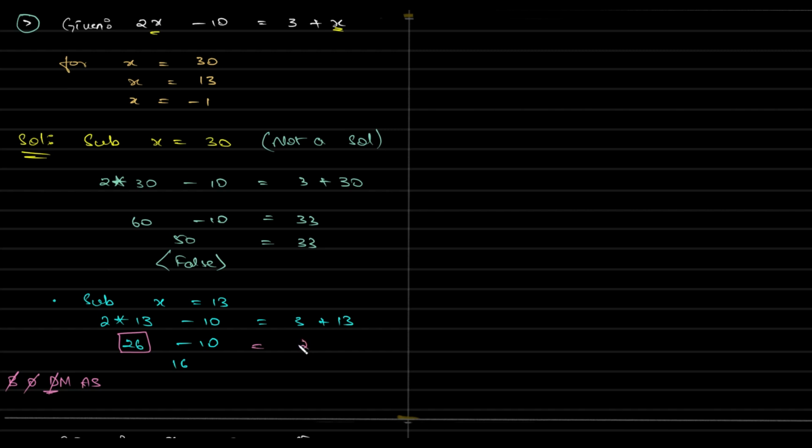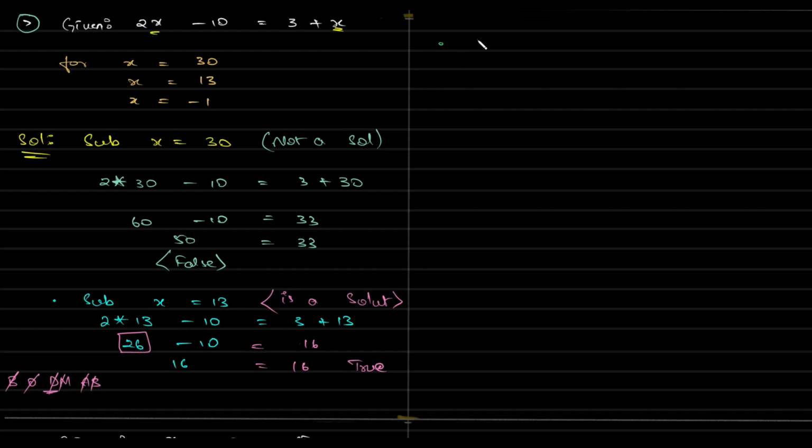So 16, and yes, we have a true statement, and so this is a solution. Replacing that value of x with 13 is giving me a true statement, so it is a solution. Understood?